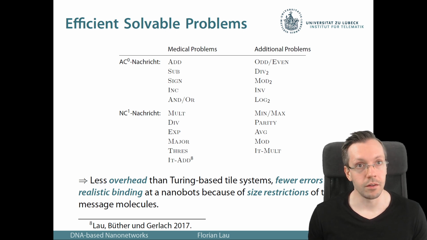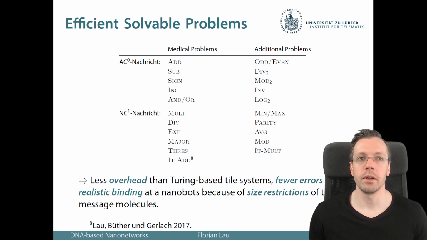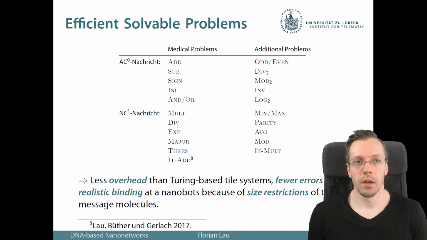And in those classes AC0 and NC1 are all kinds of additional problems that we can also solve. And from those problems, we can create even more complex programs for more complex problems. And the entire approach has less overhead than Turing-based style systems, has fewer errors, and is realistically possible to build at the nanoscale using already available materials.